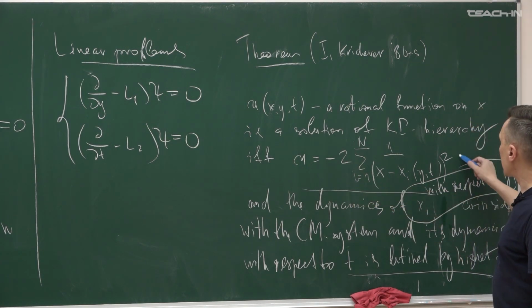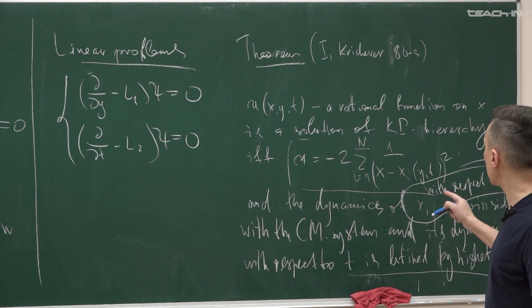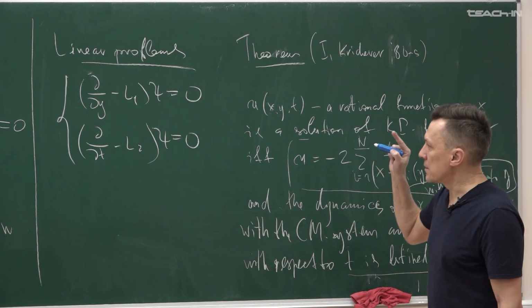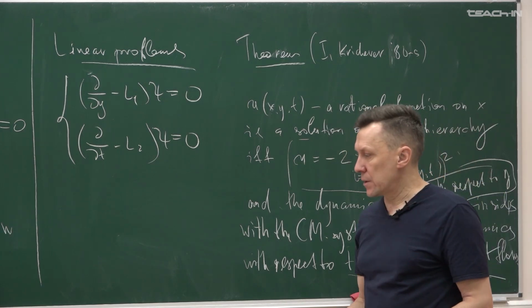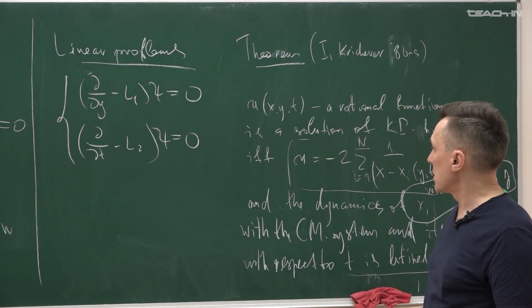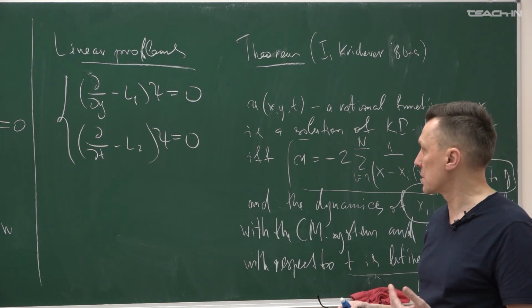So if this rational function is a solution of the KP hierarchy, then the dynamics of poles is a solution of the Calogero-Moser system. But you see, they're absolutely different. The KP equation describes some fluid dynamics or plasma dynamics. And as usual, one is interested in describing some special spaces of solutions of this equation.